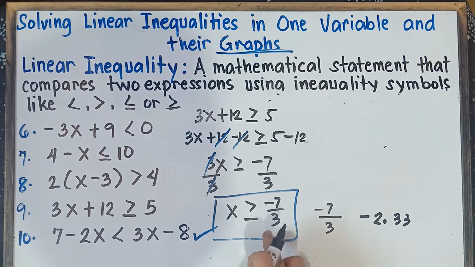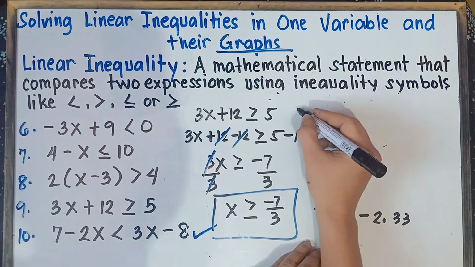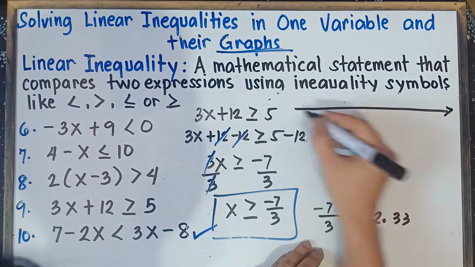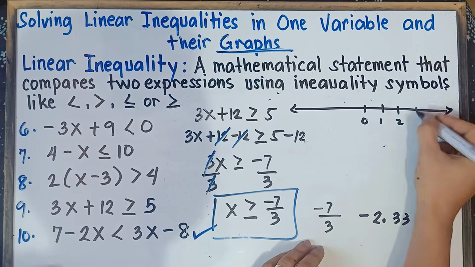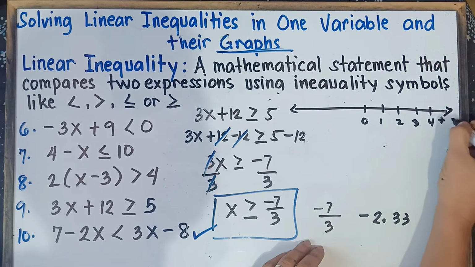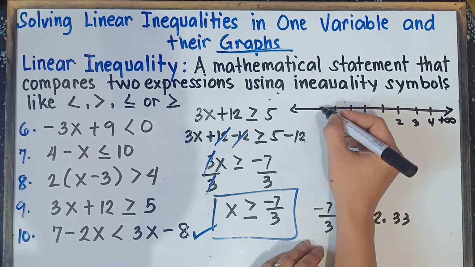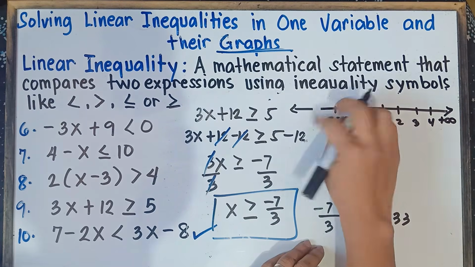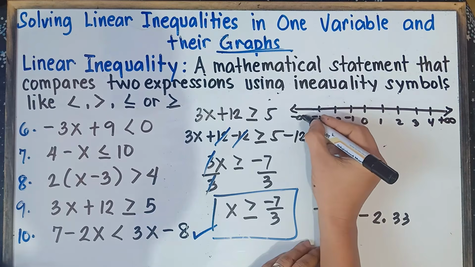So greater than negative 2.33. That would be numbers going to the right. All positive numbers up to negative 2.33. So let me just graph that one, class, for you to understand that one. If we graph this one, alright, so number line, we have 0, 1, 2, 3, 4, up to positive infinity. This one, we have negative 1, negative 2, okay, let's have negative 3, up to negative infinity.